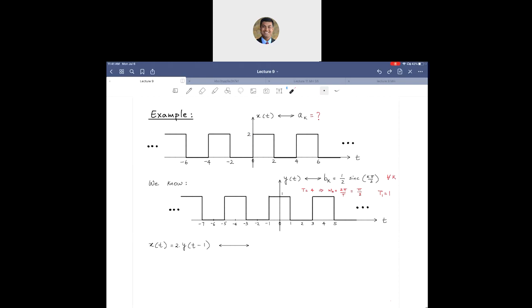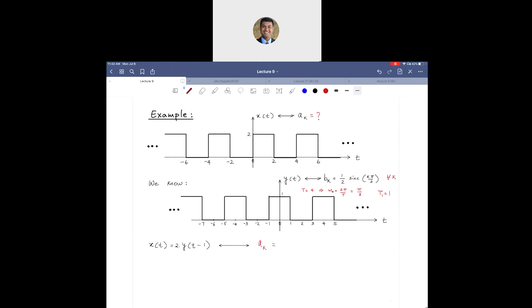So what should I do in terms of the Fourier series coefficients b sub k? Well, I can say b sub k, the Fourier series coefficients of y of t, x of t, oh no, not x of t, a sub k.